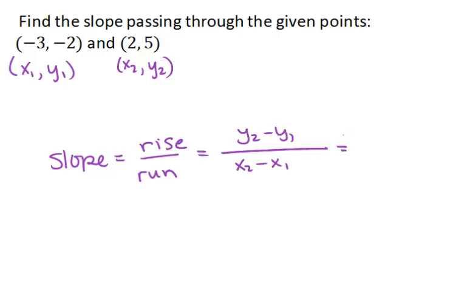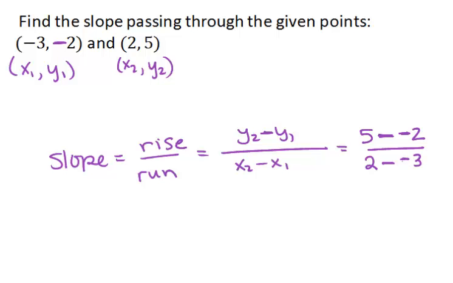So my y2 value, 5, minus my y1 value, -2. Be very careful of the double negatives that we see there. The minus comes from the formula, and the second negative comes from my y variable. Over my run. So x2 is 2 minus my x1, which is -3.